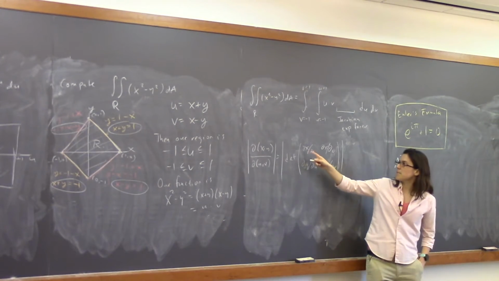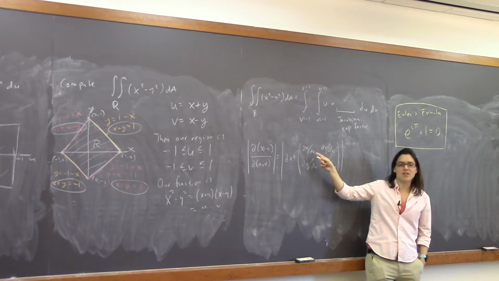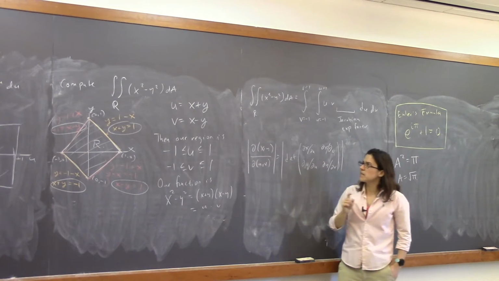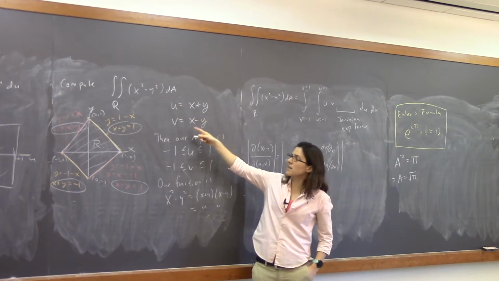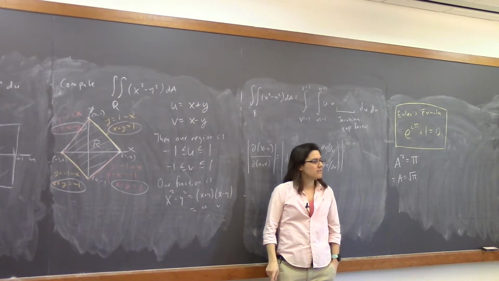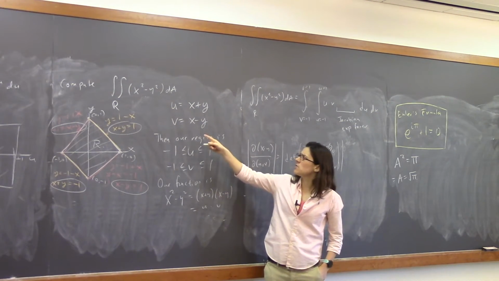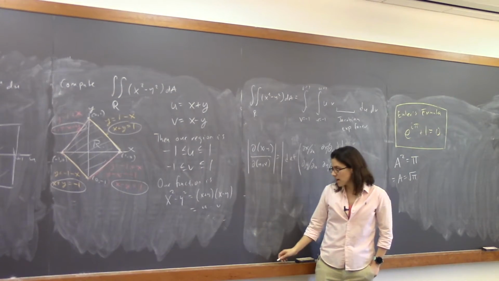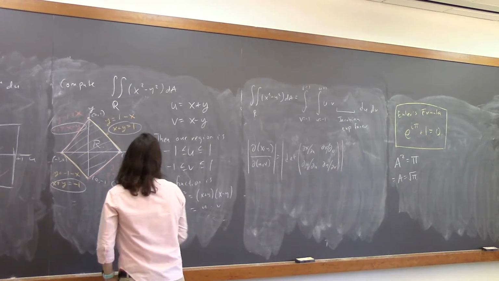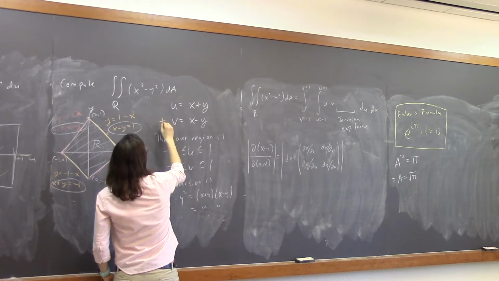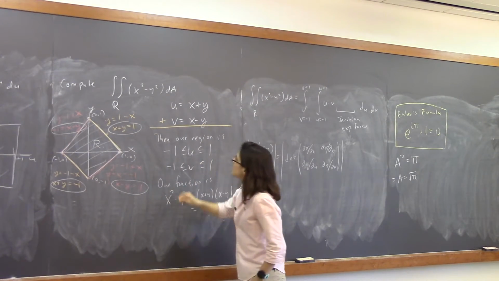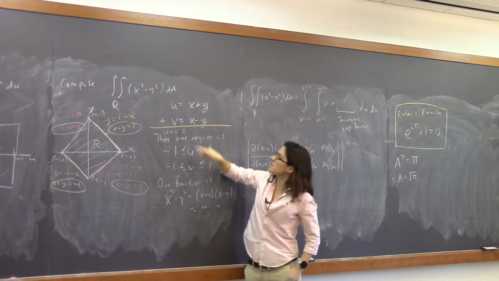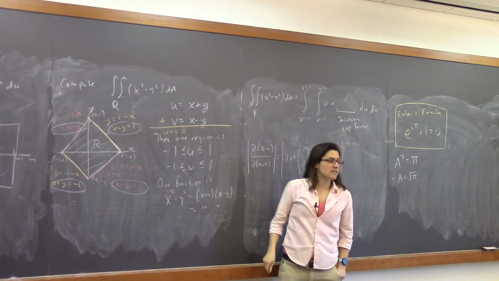Okay, we want to take the partial of x with respect to u. But that's a bit challenging because we don't have x in terms of u and v. We only have u in terms of x and y, and v in terms of x and y. But it's all right because we can solve for it. Suppose you add these two equations together. Then you would get on the left side u plus v, and on the right side 2x minus 0.